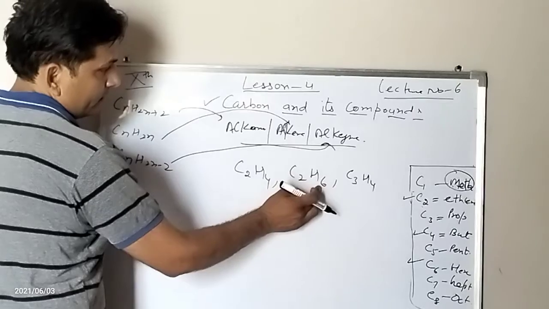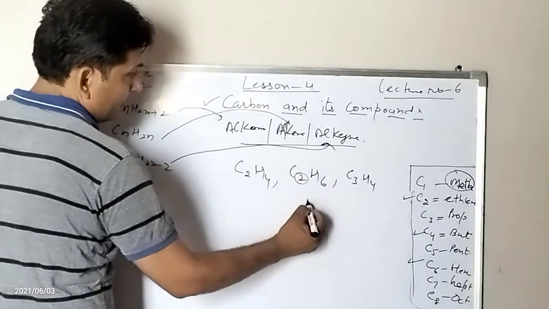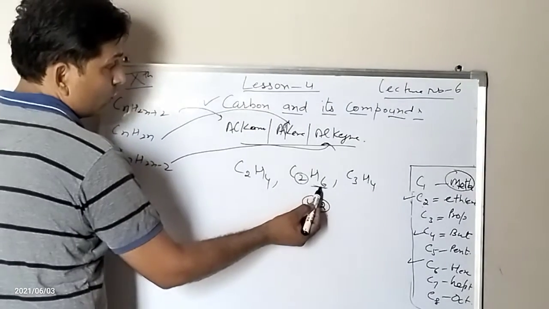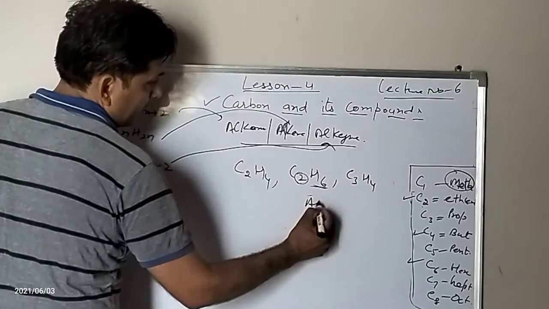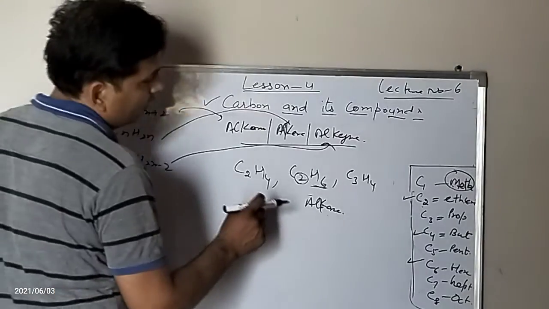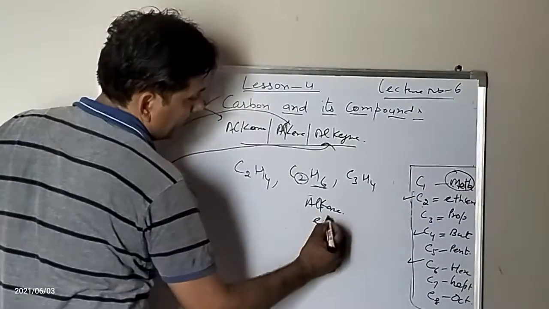Here, look at this. The number of carbon atoms is 2, twice will be 4, plus 2, 6. Here the number of hydrogen atoms is 2 more than twice the carbon atoms. Therefore, it is alkane. If you try to name it, the number of carbon atoms is 2, so it is eth. Since it is an alkane, you add the suffix ane. It is ethane.